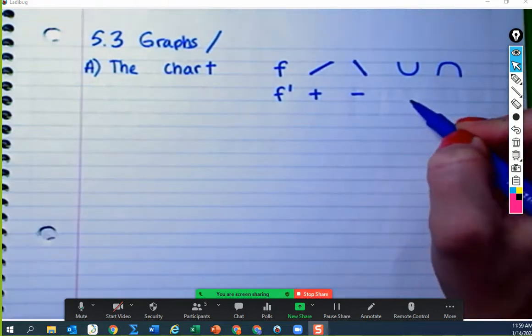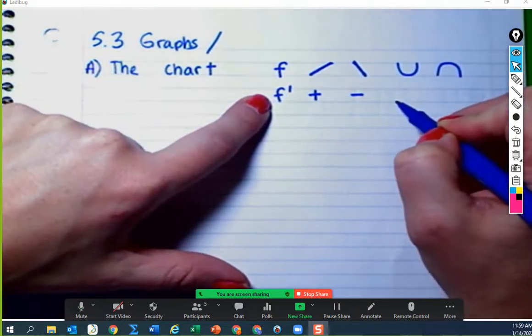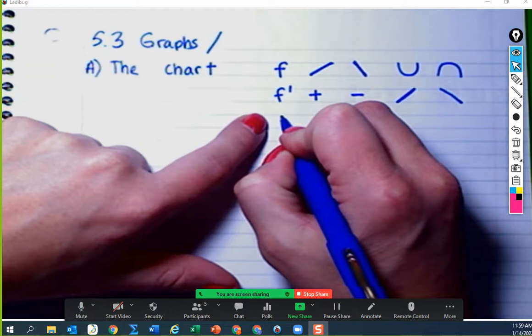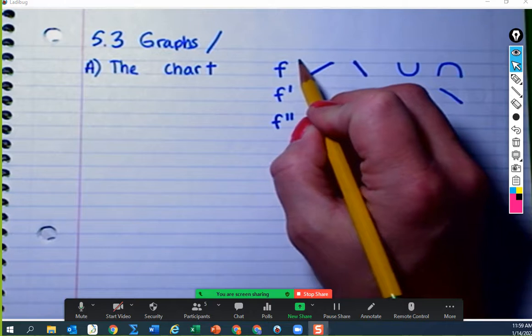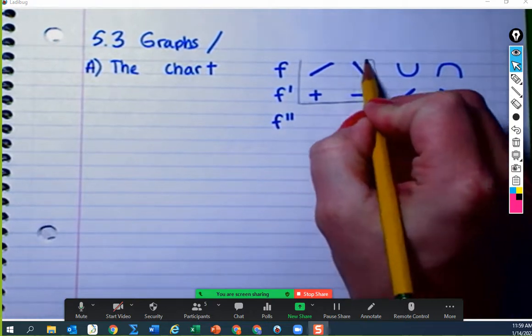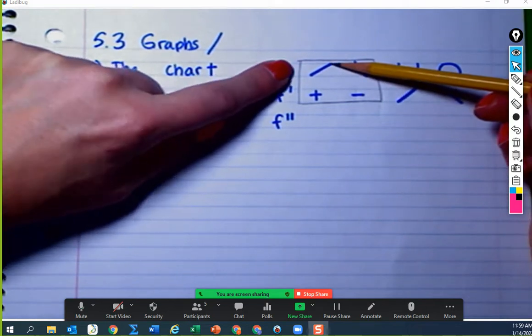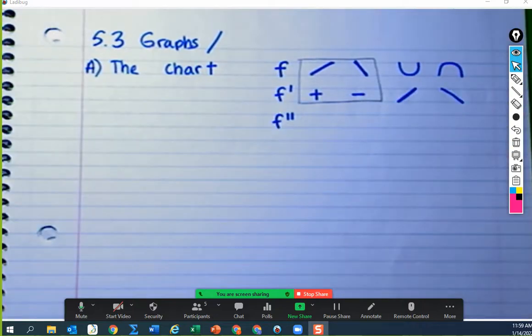All right, so now, f prime row, we're going to draw increasing, and then we're going to draw decreasing. And then we're going to make a double prime row. And when we look at our second derivative, okay, so I have this box. F of x is increasing, and so the derivative is positive, because when you do the derivative, you go down one level, it describes tangent slope.